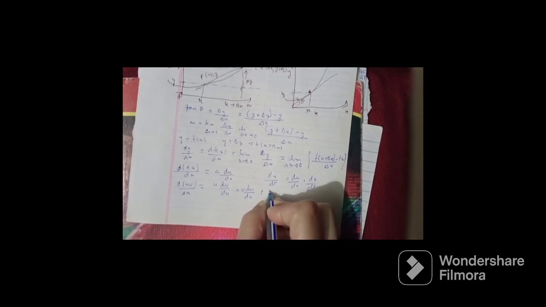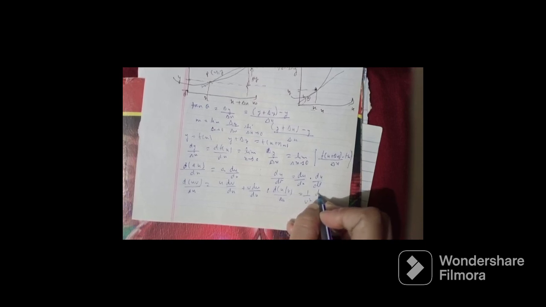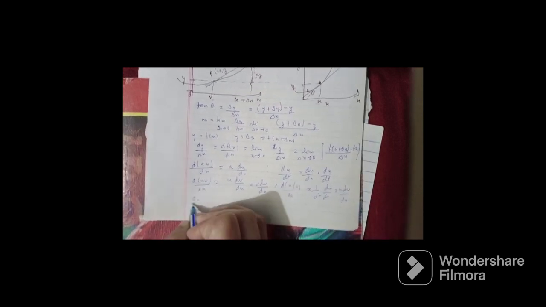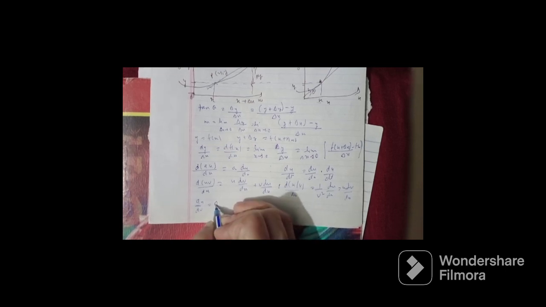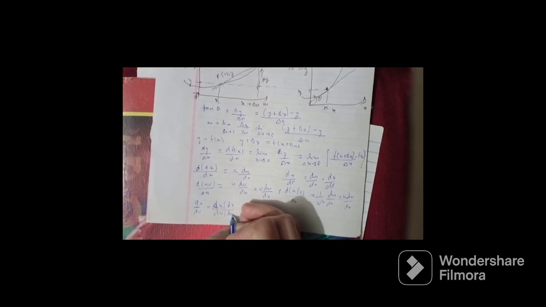For the same, d(u by v) by dx equals 1 by v square, times (v du by dx minus u dv by dx). Also du by dv equals du by dx divided by dv by dx.